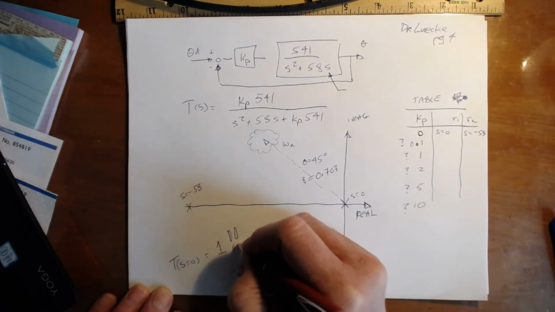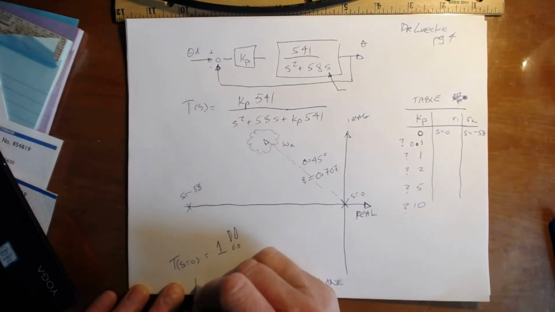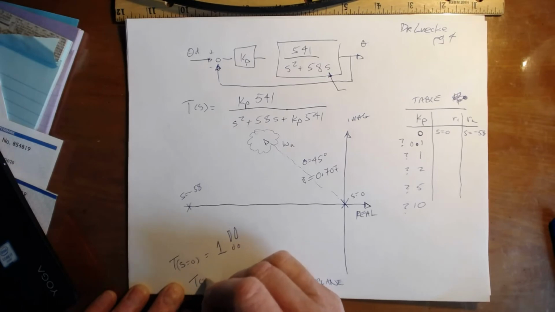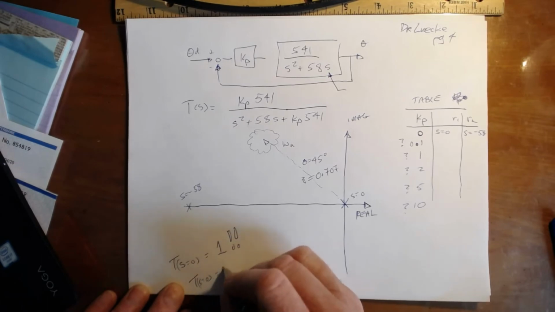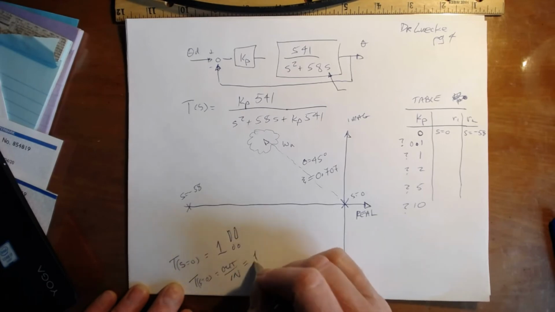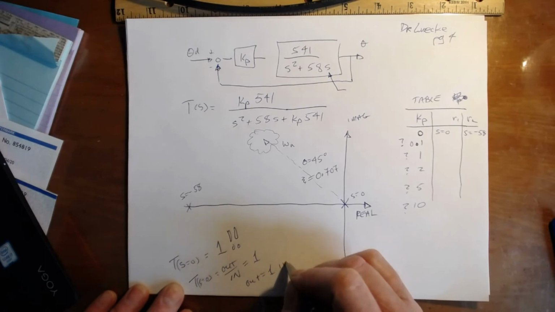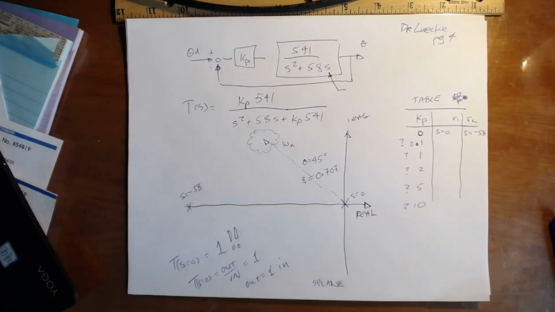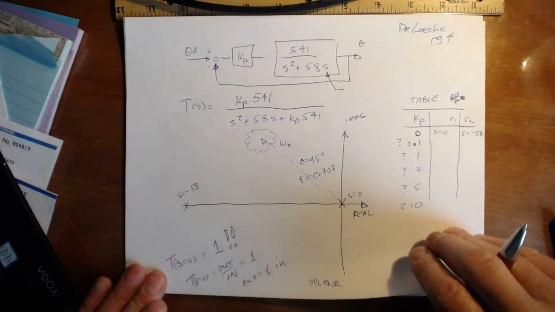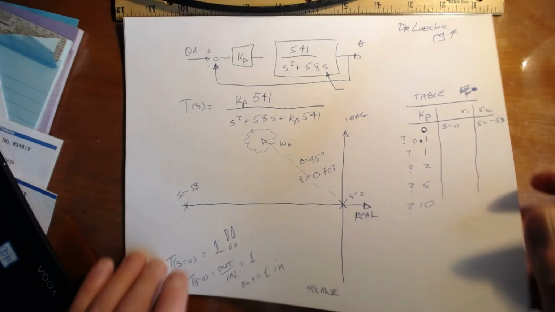It is important because that means that T of s equals 0 is equal to the output over the input. That's what the transfer function is. It happens to be equal to 1. That means the output is equal to 1 times the input. That means when you tell it to do something, it does it. Isn't that nice? Okay. So now let's go one step farther with all of this.